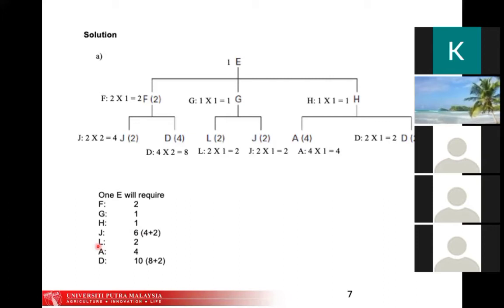For L, the answer is 2. For A, the answer is 4 that we already calculated. D also occurs in 2 places, which is 8 plus 2, because we have 2 D there. So 8 plus 2 is equal to 10. That's all. Thank you.